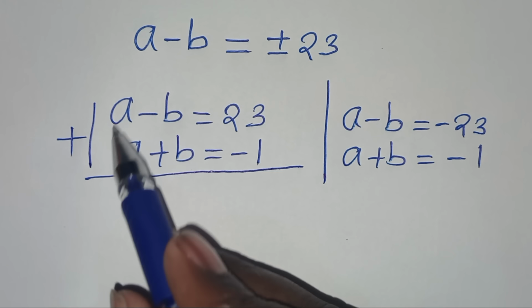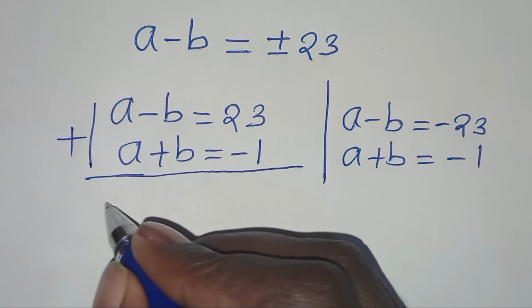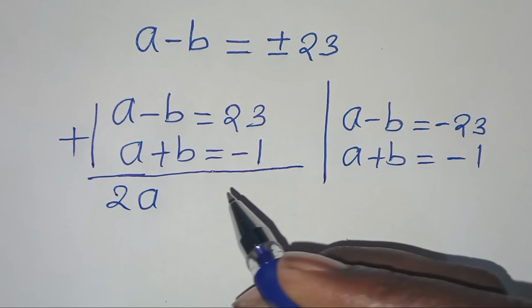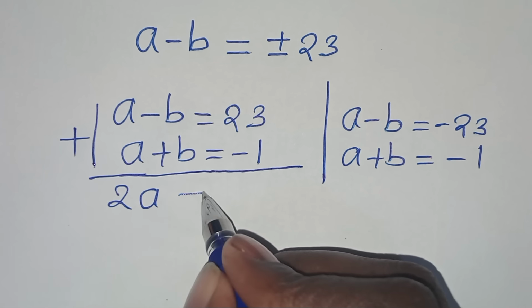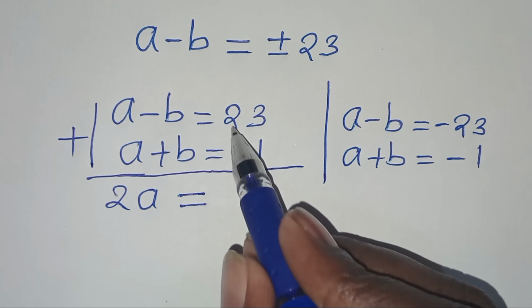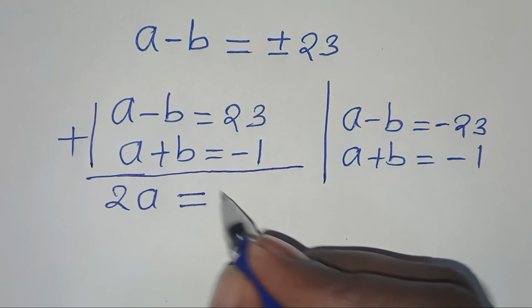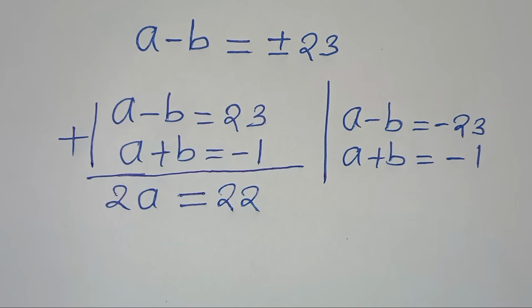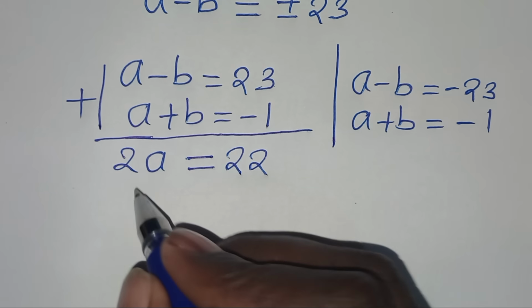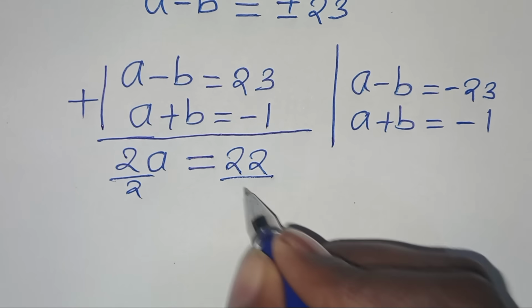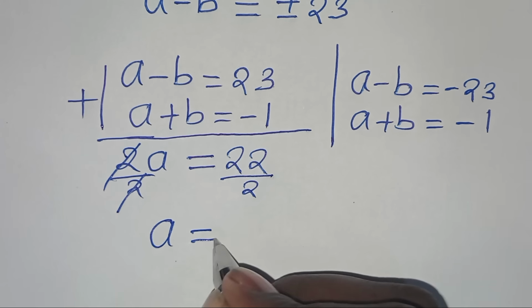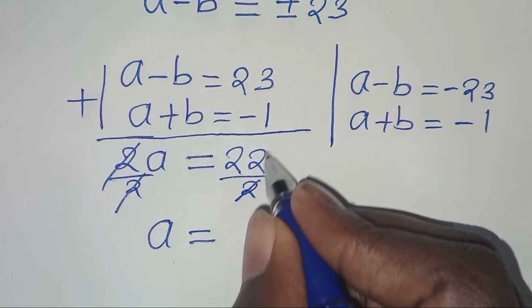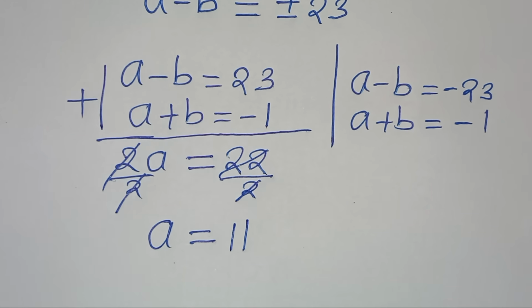So we have a plus a, this is 2a, then minus b plus b simplifies, so that we have 23 plus minus 1, this is 22. Let's divide both sides by 2, and this means that a is equal to 22 divided by 2, which is equal to 11.